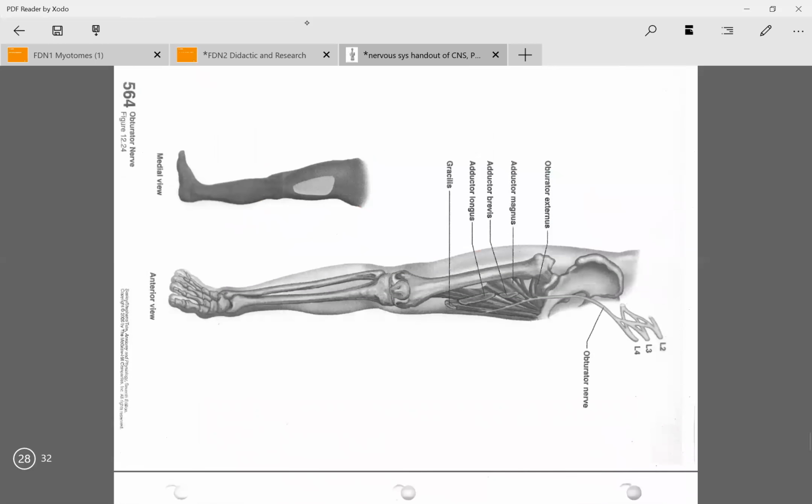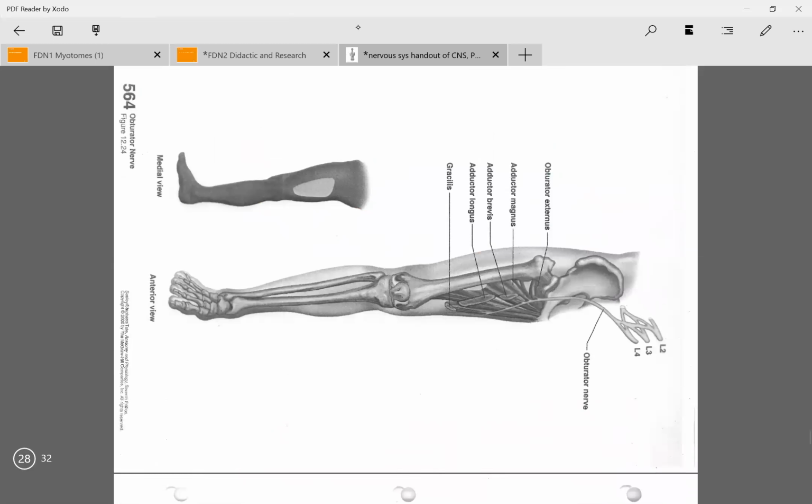All right, so the obturator nerve. There's obturator nerve.